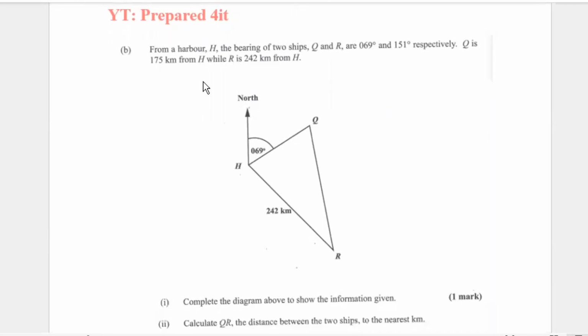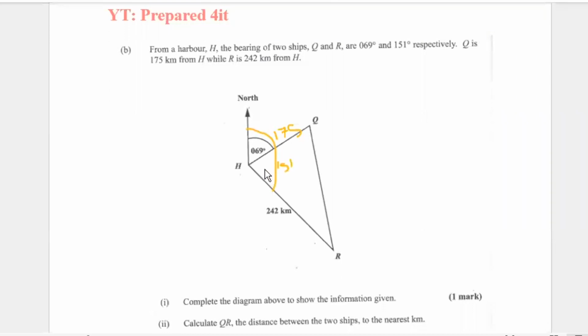So the question told us Q is 175 kilometers from H. So this here will have 175. There's a bearing of 69 and 151 from R. So this is 151.